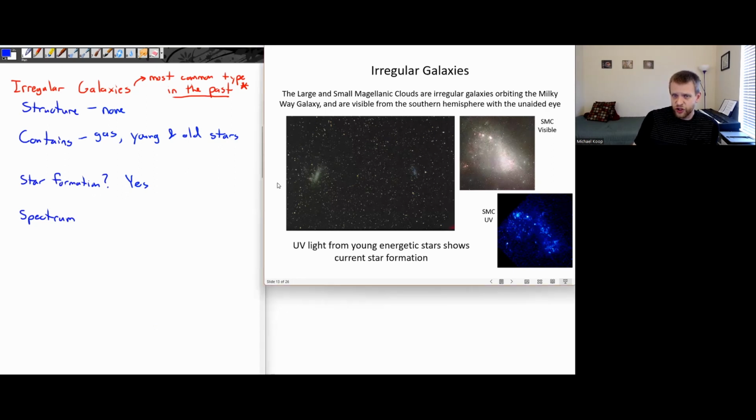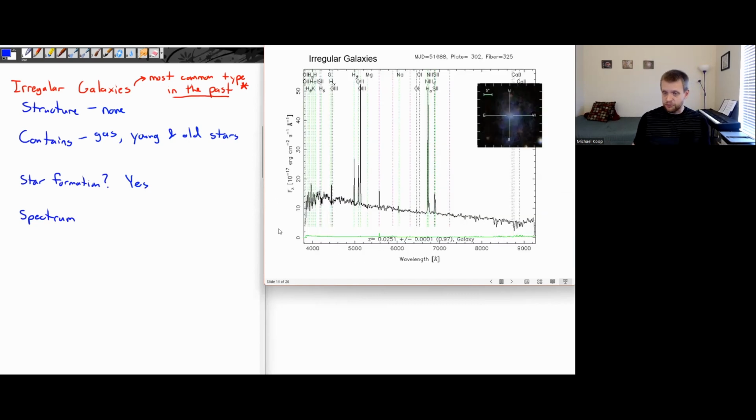Well, if these are showing lots of those signs of star formation, including those ionization nebulas, that's probably going to be another emission spectrum. So we still have these emission spectra, mostly from those ionization nebulas.